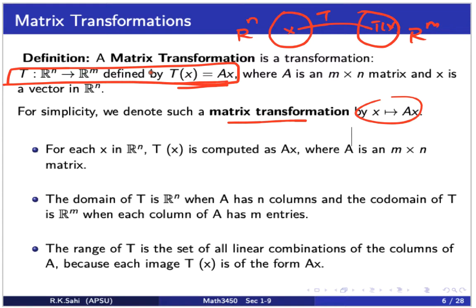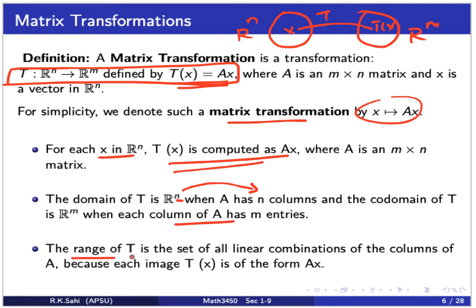Okay, some observations. For each x in Rn, Tx is computed as a matrix product of the matrix A with the vector x. Now the domain of T is Rn, and this n is exactly the number of columns of the matrix A, and the m in the codomain of the transformation is the number of entries in every column.